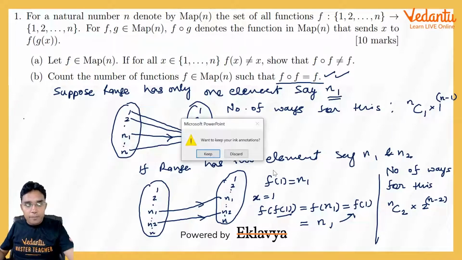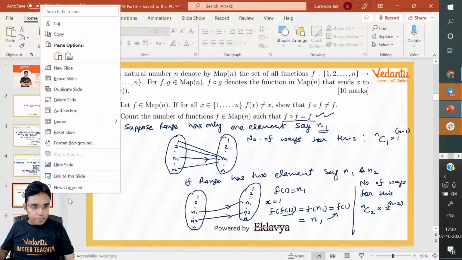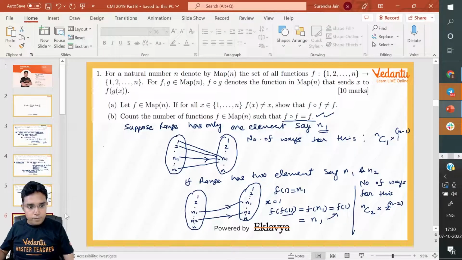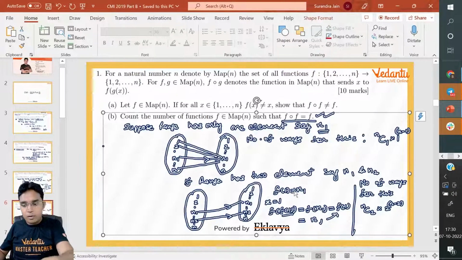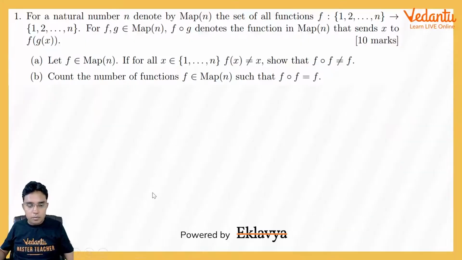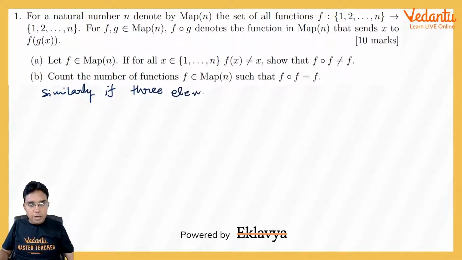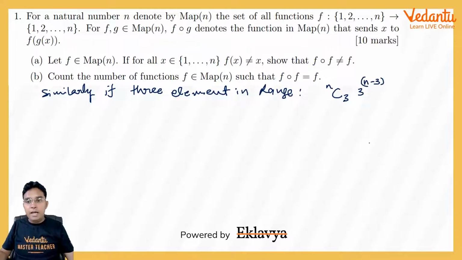Now in the same way, if I keep going, similarly if there are three elements in the range, then the number of ways would be NC3 and 3 power n minus 3, because every remaining element will have three choices.